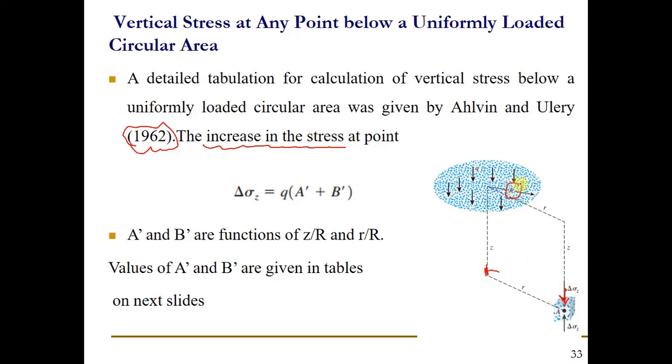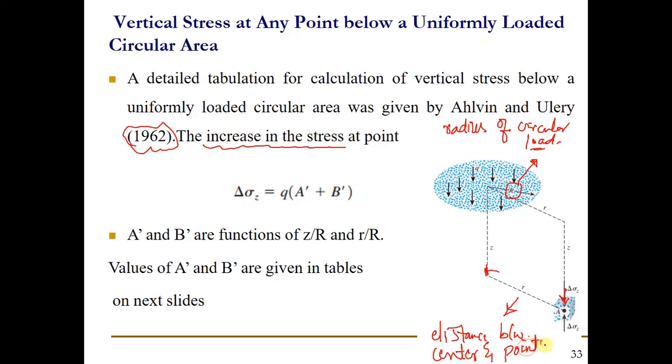If we know the R value, which is the radius of the circular load, and that is the R, the distance between center and point of interest, at which we need to find out the delta sigma.